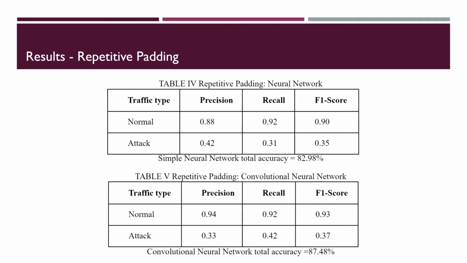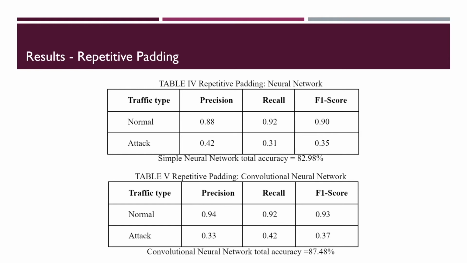It was 0.88 for the normal flow traffic, 0.92 recall, 0.90 F1 score. As for the attacks, we received about 50% precision with 0.42, recall 0.31, and F1 score 0.35. And the total accuracy on this aspect was 82.98%, which was quite surprising.